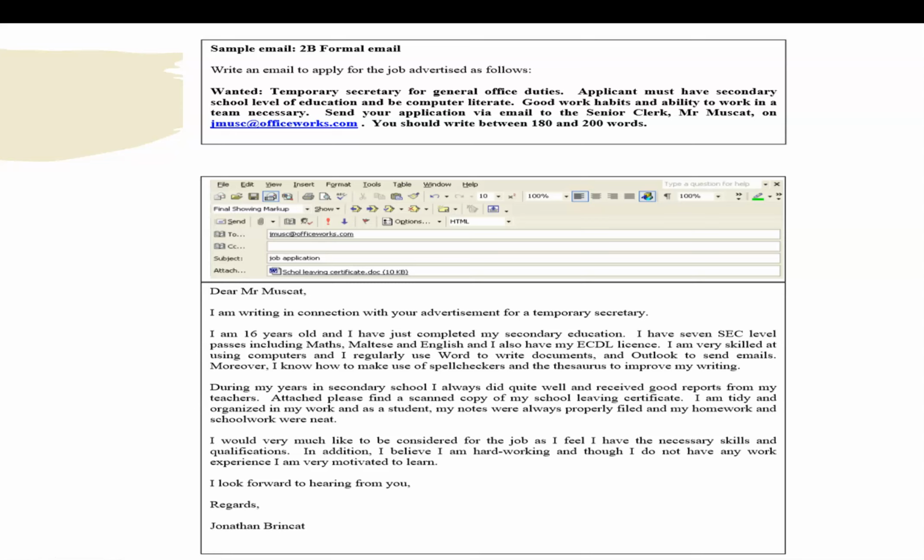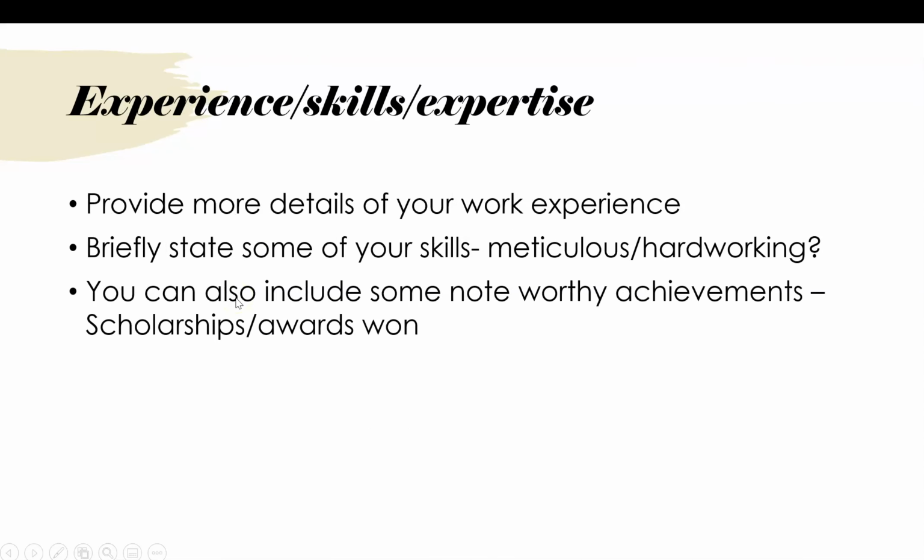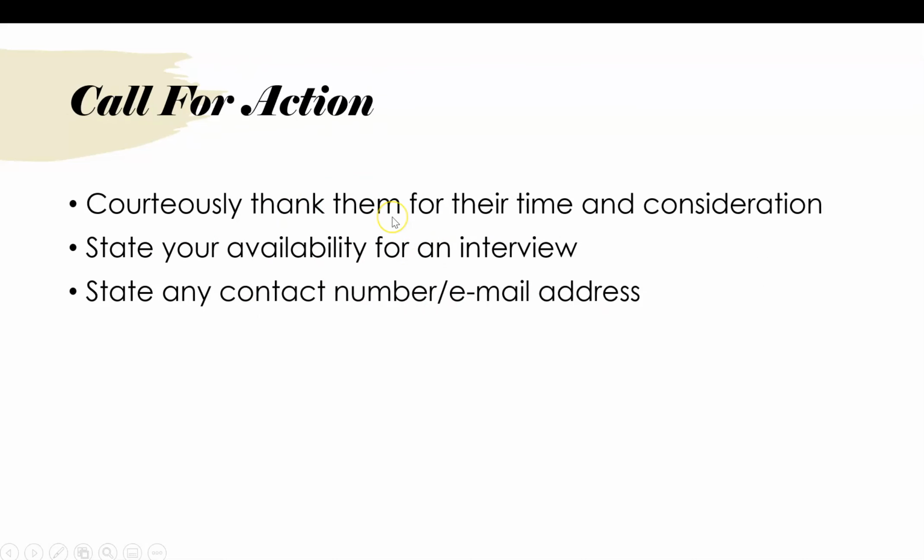I'm tidy, organized. See, some skills, to make the employer feel that you are desirable and you have good traits. Okay, so this is the next thing that you have to write. After that, now that you have stated the purpose, you have introduced yourself, you have created a desire for them to hire you because of all your wonderful traits.